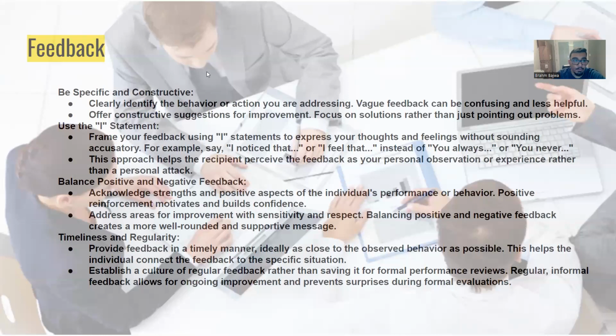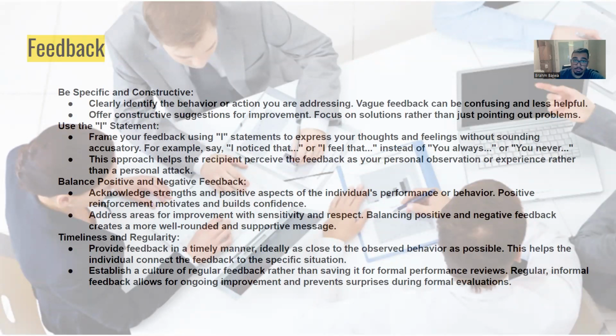So we'll start with feedback. You want to be specific and constructive. You don't want to add extra fluff that will confuse them. You want to be specific: this situation, this action that you did was or was not what we require our employees to do. Being vague will most likely affect the situation worse than giving no feedback at all.